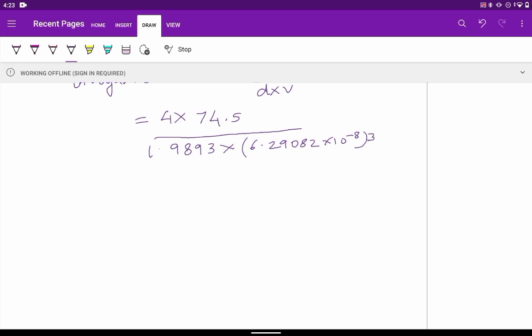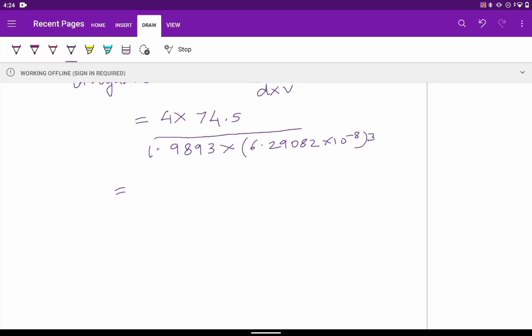On calculation, you have to just do this simple mathematical calculation. You have to multiply the numerator totally, multiply the full denominator, then numerator divided by denominator. This is simple multiplication and division.